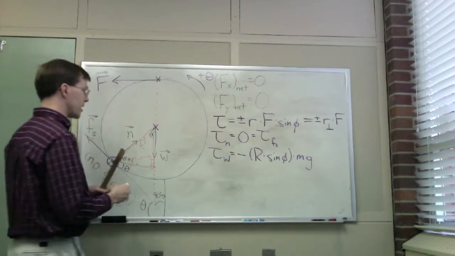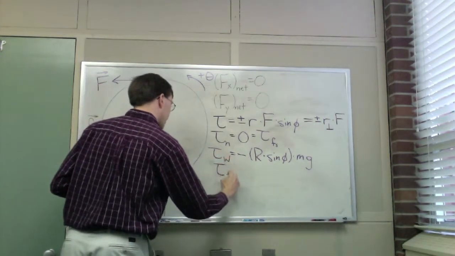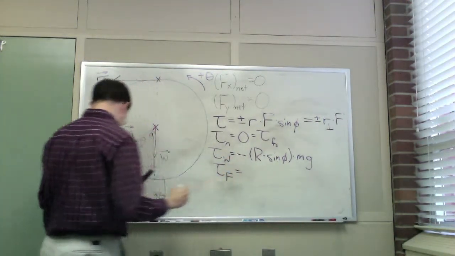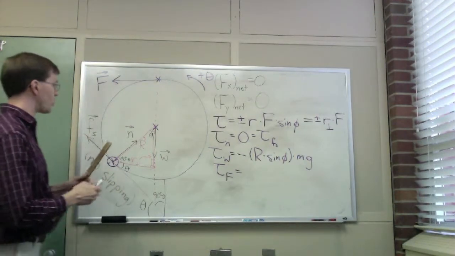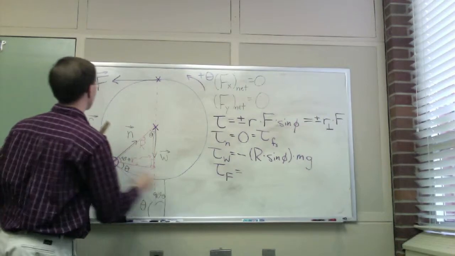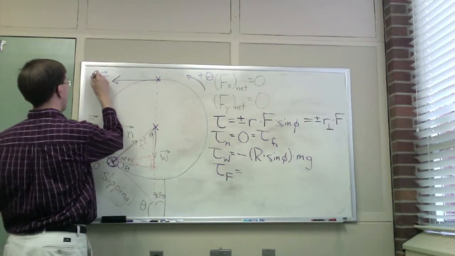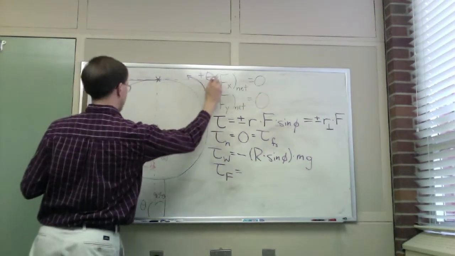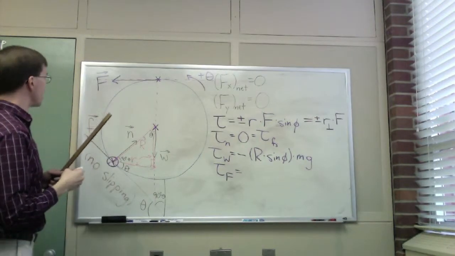Then I can do the same thing for the torque due to my pulling force up on top. And what will I get there? Well, I still need to find an r perpendicular. My line of action for this pulling force is all the way up here. That's my line of action.